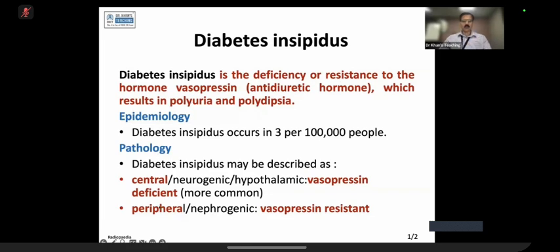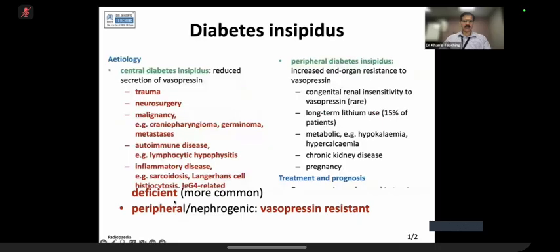The role of imaging is to rule out a central cause of diabetes insipidus. And so in this case, the vasopressin is deficient. But the peripheral one is by exclusion. We can reach that conclusion.